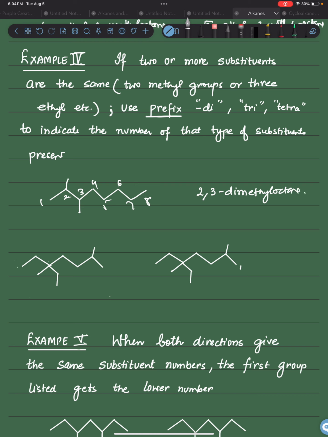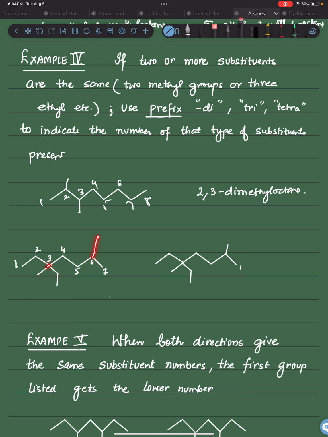Fine. Now, if you have this type of scenario as shown in the next example, 1, 2, 3, 4, 5, 6, 7. So you have a substituent at third position and at sixth position, right? At sixth position, you have a methyl group.